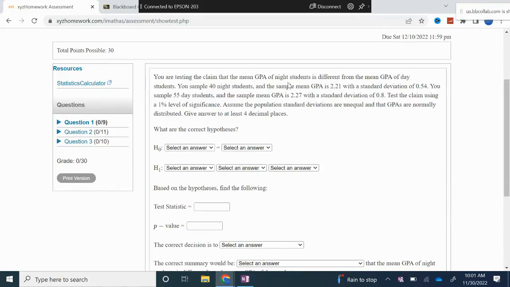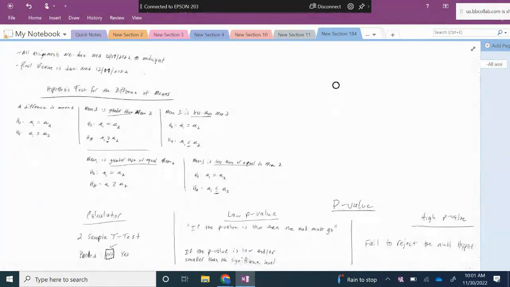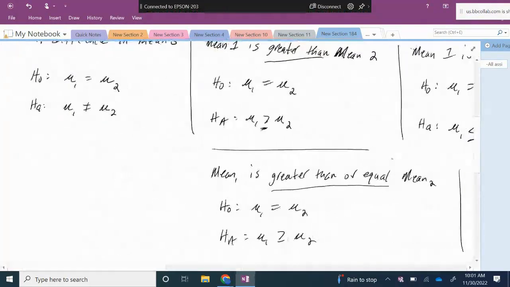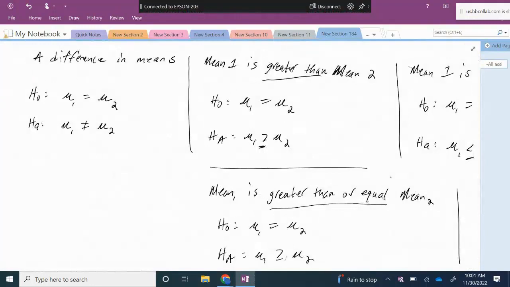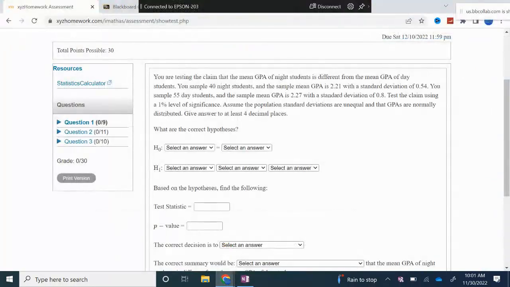So we're testing if the mean of one group is different than the mean of the other group. All right, so we're testing the difference of means. So that's this first setup. Mean 1 is equal to mean 2, that should be the null hypothesis. The alternative hypothesis is that mean 1 is not equal to mean 2.